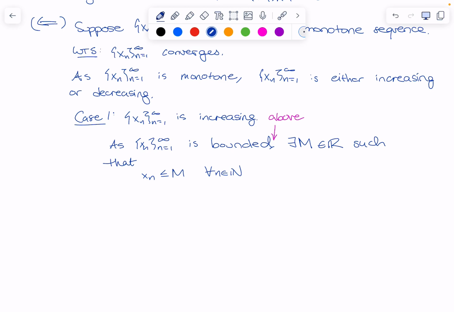Okay. So now let A be the set of xn such that n is in the naturals. So A is the set of all the terms in our sequence. We know A is not empty, and we know A has an upper bound.